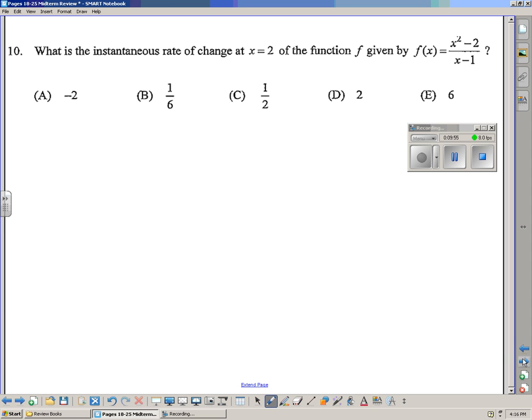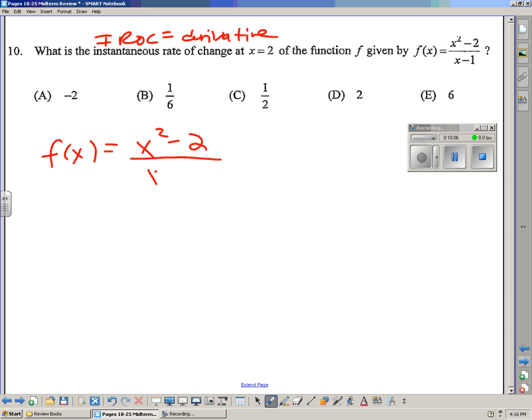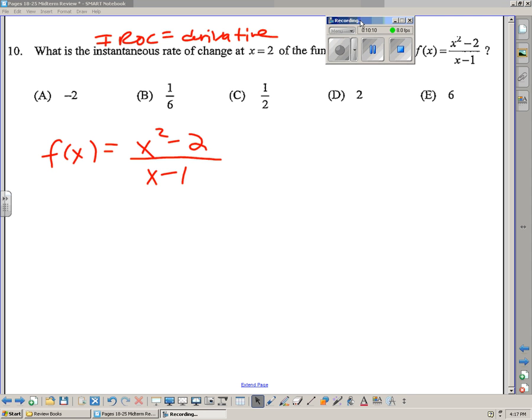Instantaneous rate of change, or IROC, is the derivative. So we have f of x being (x squared minus 2) over (x minus 1). If we would like to take the derivative, we will need the quotient rule.